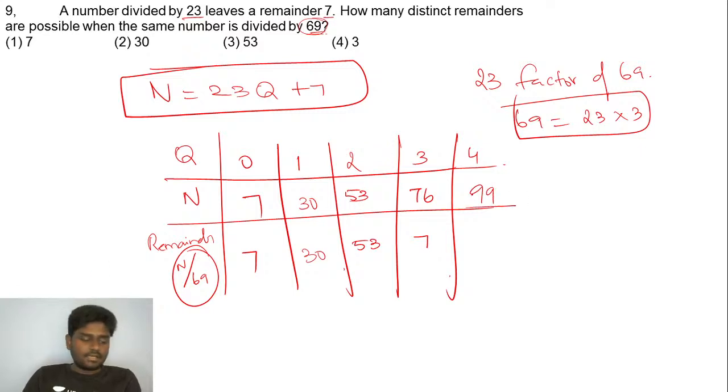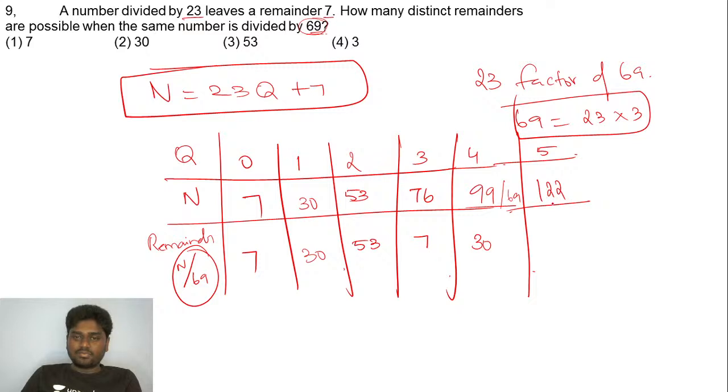So if it is 99, what will be the remainder here? Again, you'll be getting the remainder to be 30. That is, if you try to divide this 99 by 69, you'll be getting 30 as a remainder. Like if you go for 5, 23 into 5 plus 7 will give you 122.